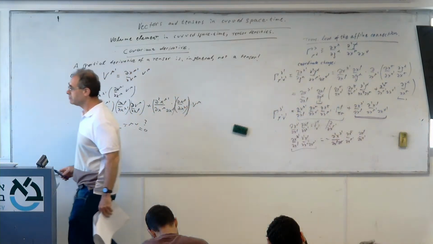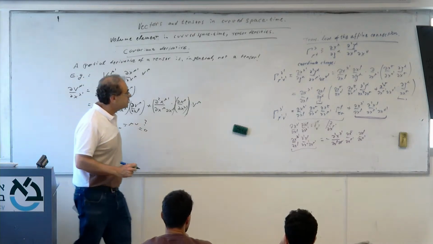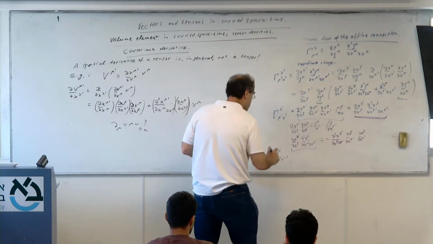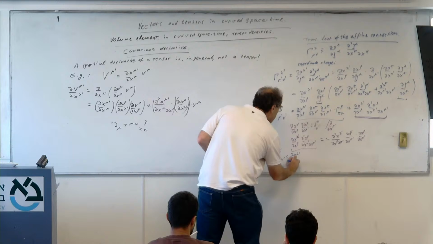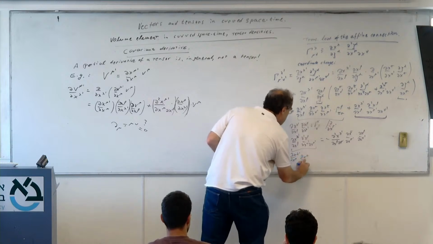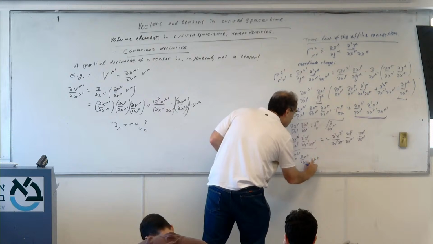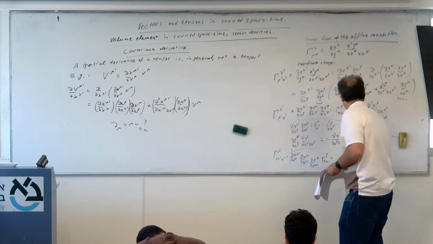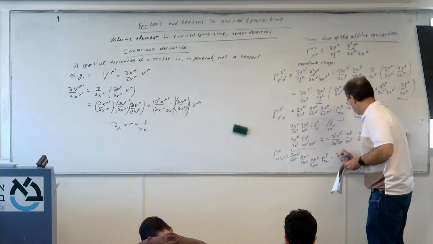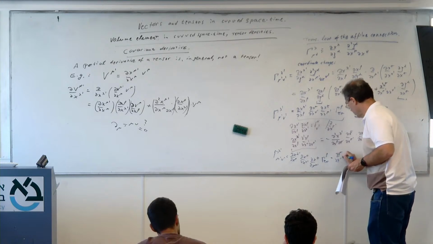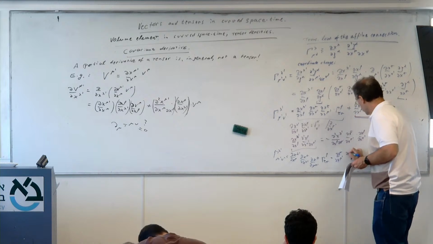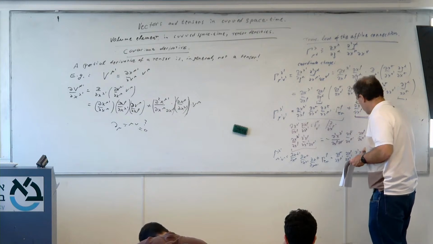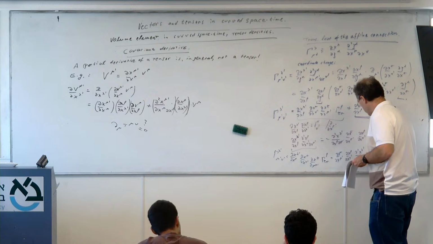So I'm going to write it down as gamma lambda prime mu prime is dx lambda prime over dx rho, dx sigma over dx mu prime, dx tau over dx mu prime, gamma rho tau sigma, minus dx sigma over dx mu prime, dx rho over dx mu prime, d squared x lambda prime over dx rho dx sigma.